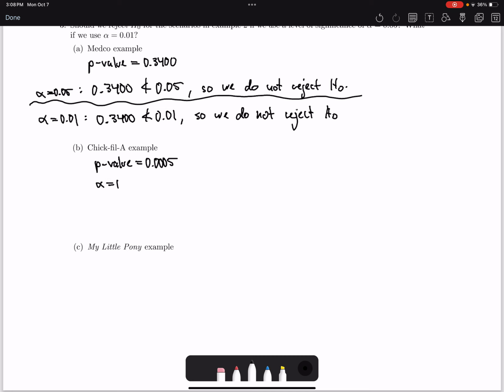At the alpha equals 0.05 level of significance, we would reject the null, because 0.0005 is less than 0.05. So we reject H null. At the 0.01 level of significance, if the researchers had decided to use that, we would still reject the null hypothesis because 0.0005 is less than 0.01, so we still reject.